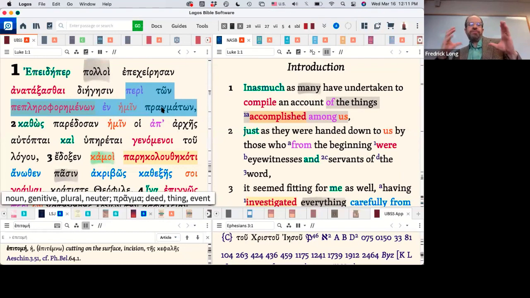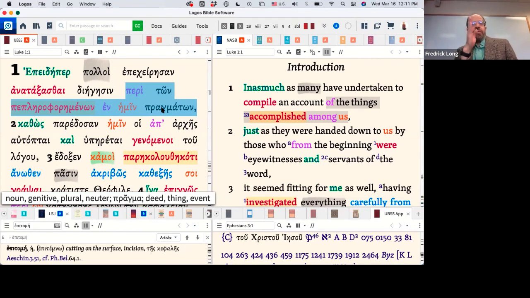So when I work with Greek sentences, you need to think of them in terms of chunks, and usually things that belong together will be together. Now there are violations of that, usually for rhetorical effect. When they're not together, when they should be together, they're called discontinuous constituents.